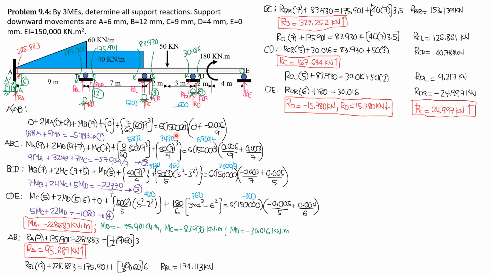Then this equals 6 EI, where EI is 150,000. The reference is the middle point A here, and the horizontal line through A crosses A prime. They are at the same level, so therefore it is 0.